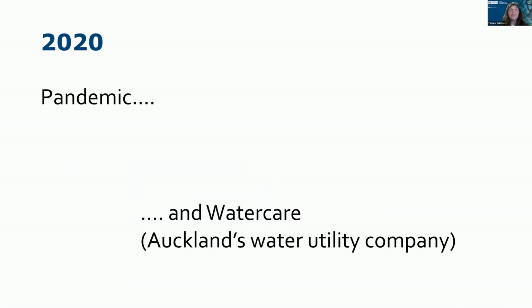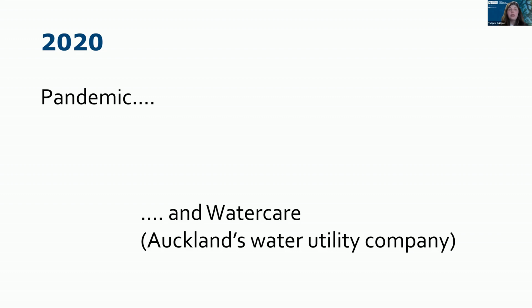In a very coincidental conversation, we learned that Auckland's water utility company was very concerned because we were going through a very dry period, and they were very much aware that we would be looking at a succession of very wet and then very dry years.